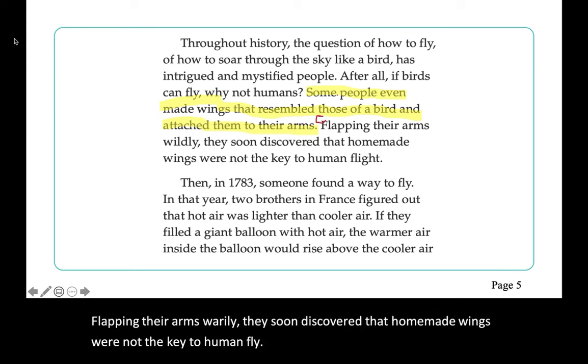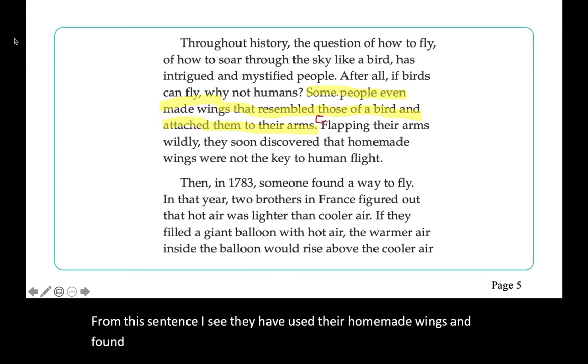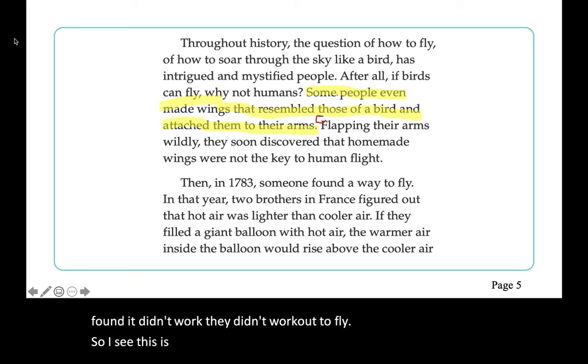From this sentence, I see they used their homemade wings and found it didn't work. They didn't work out to fly. So I see this is the effect. So I'm highlighting this sentence and marking it with the letter E.